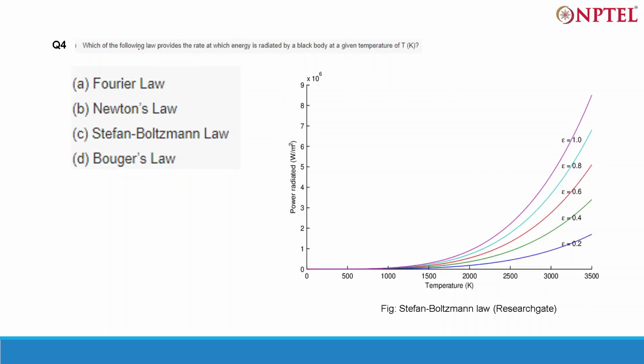Which of the following laws provides the rate at which energy is radiated by a black body at a given temperature T? Generally, it's the Stefan-Boltzmann law: E equal to sigma A T4. Newton's law is for cooling, it's for convection.